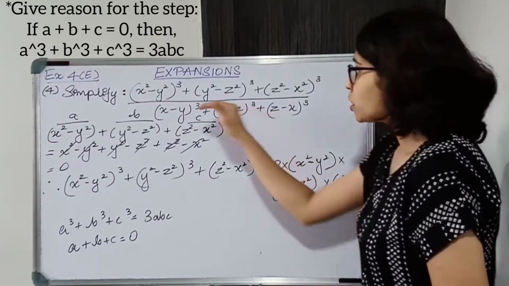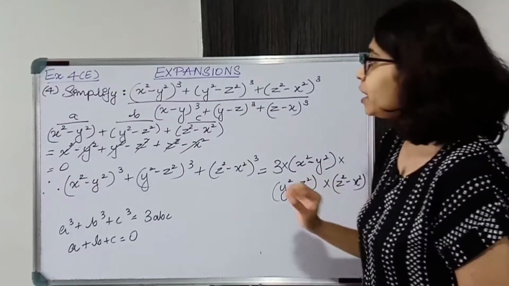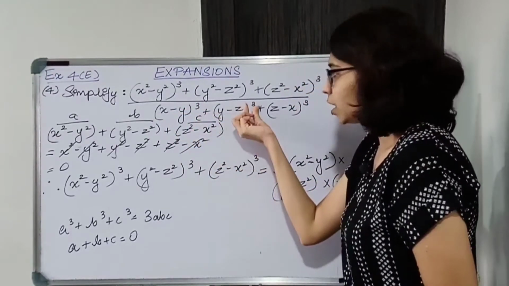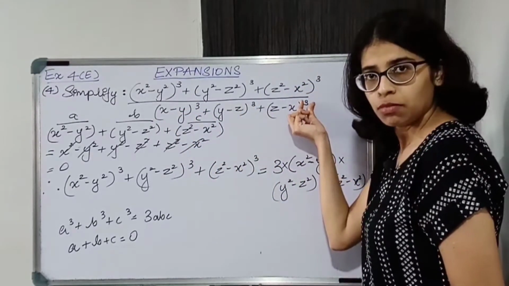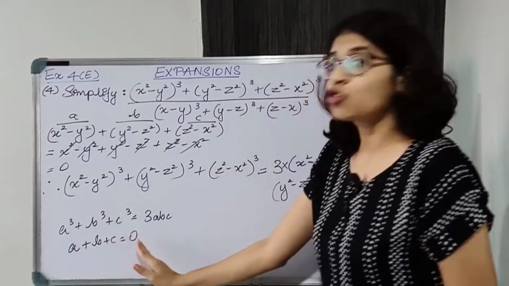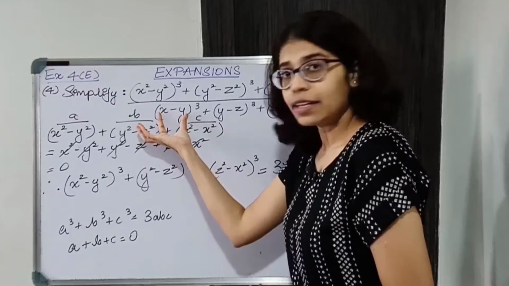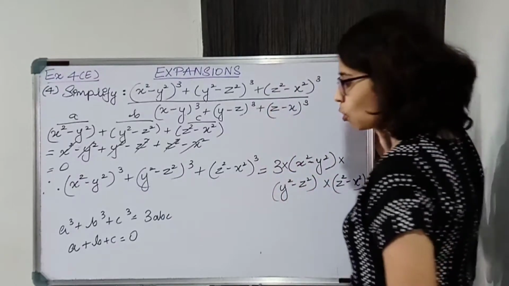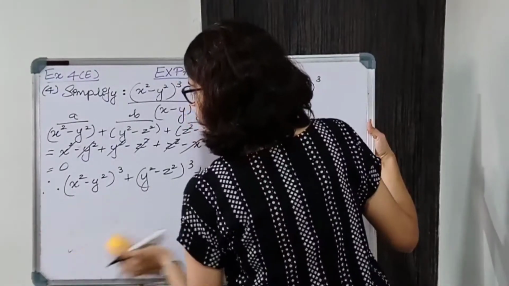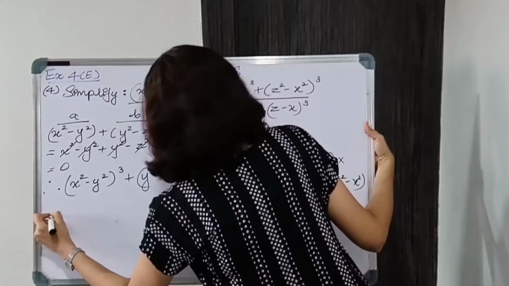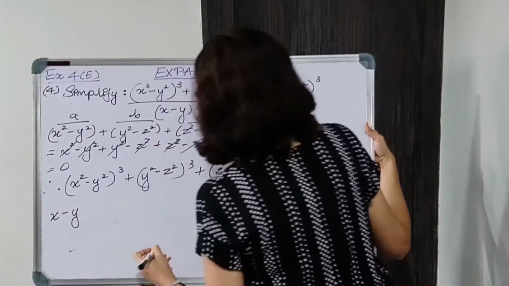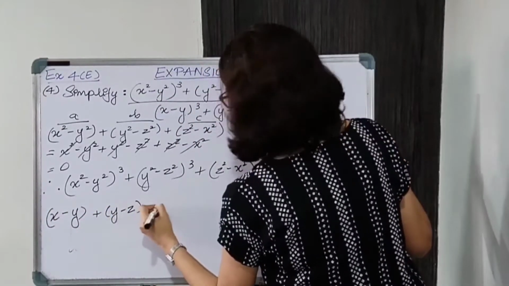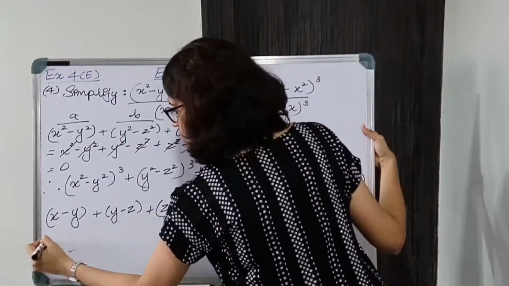Now let us check the denominator. In the denominator again we have the same form. Let us consider this a cube plus b cube plus c cube. So a plus b plus c should be 0 first. This bracket term is a, this bracket is b and this bracket is c.